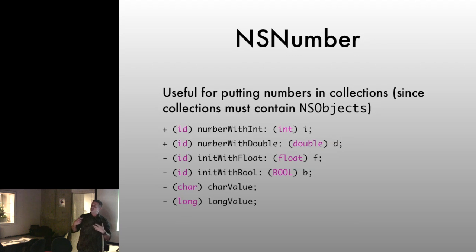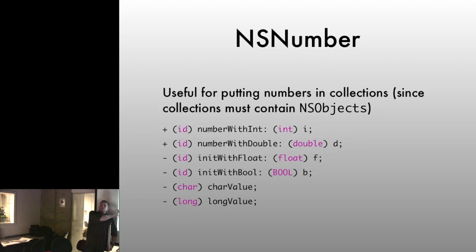If you want an NSArray or an NSSet, or if you've got a dictionary with keys that you want to use integer values for, or double precision or floating point primitives, this is how you wrap them. Number with int, number with double, number with float. There's a whole range of these wrappers that you can look up in the documentation.